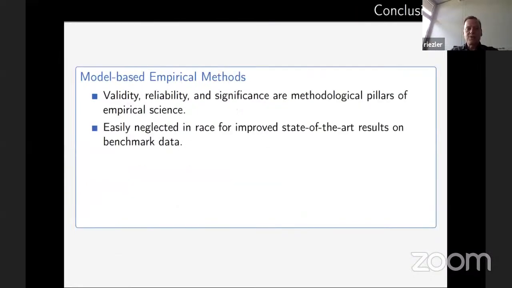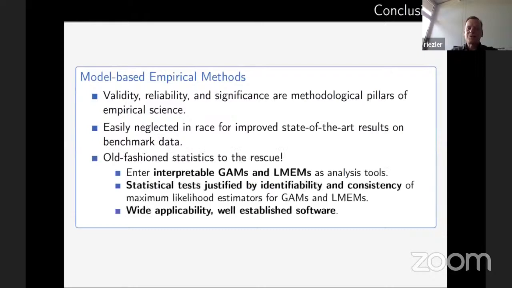So to conclude, what I wanted to tell you, after 10 minutes, finally it worked, is how old-fashioned statistics, old-fashioned in the sense of not neural networks, but statistical models, have properties that are very important for this application, namely identifiability and consistency.